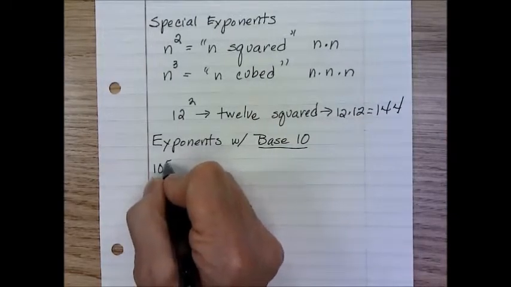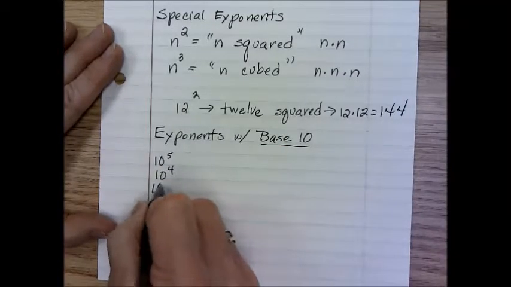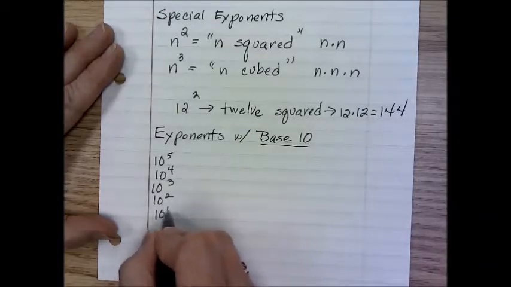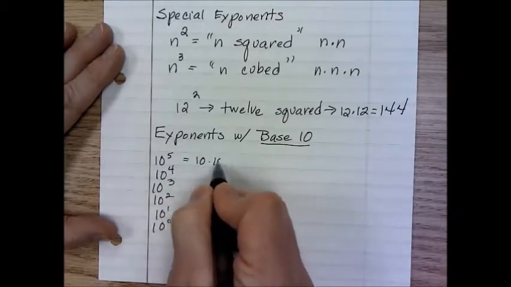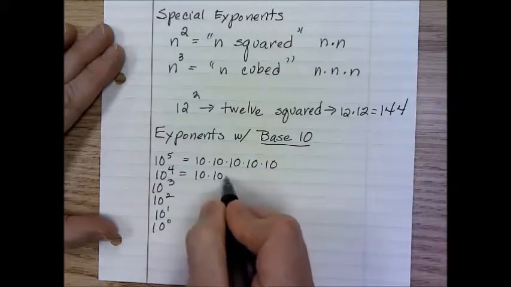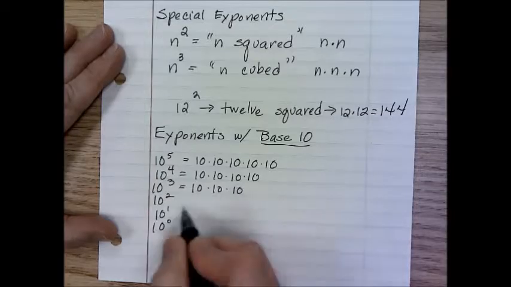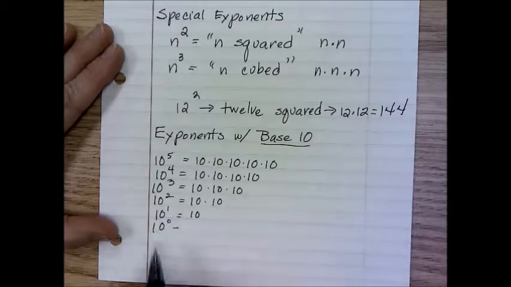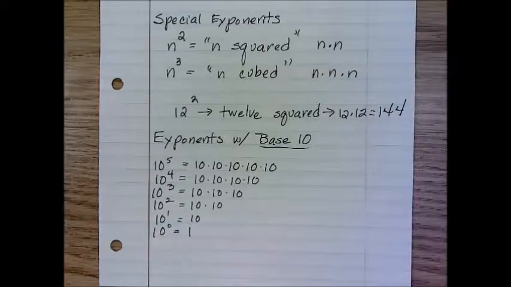If we have 10 to the 5th, 10 to the 4th, 10 to the 3rd, 10 to the 2nd, or we could say 10 squared, 10 to the 1st, and 10 to the 0 power, we know that this means I have 5 tens. 10 to the 4th means I'm multiplying 10 4 times. 10 cubed means 3 tens. 10 squared would be 2. 10 to the 1st would be 1. We already said anything to the 0 power is equal to 1. So we know that's a 1.